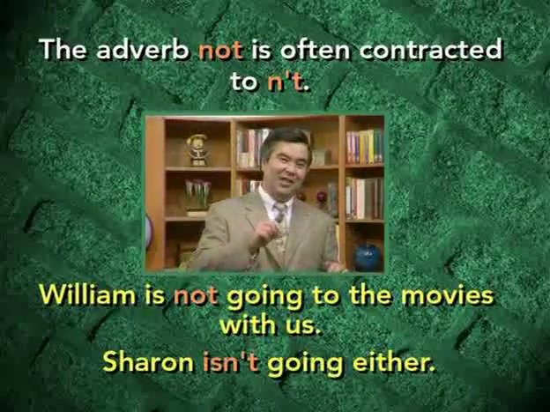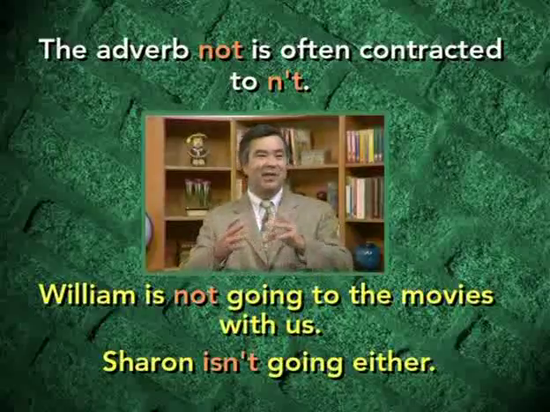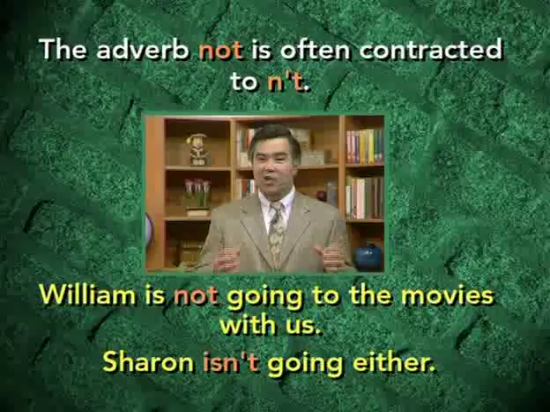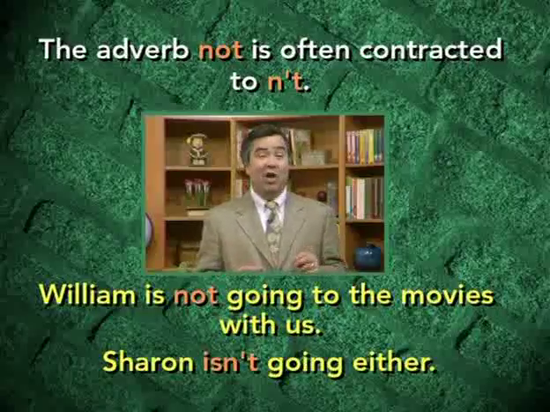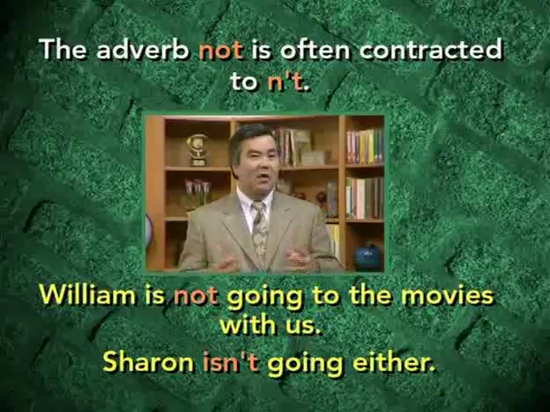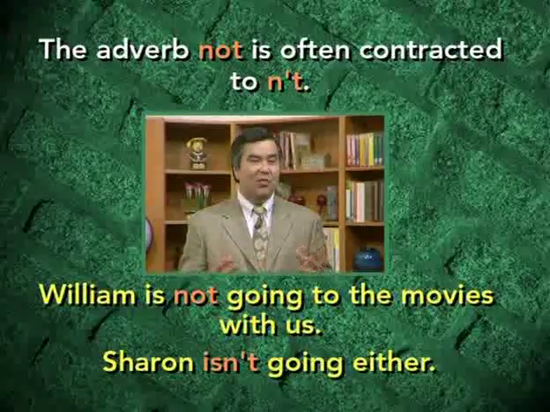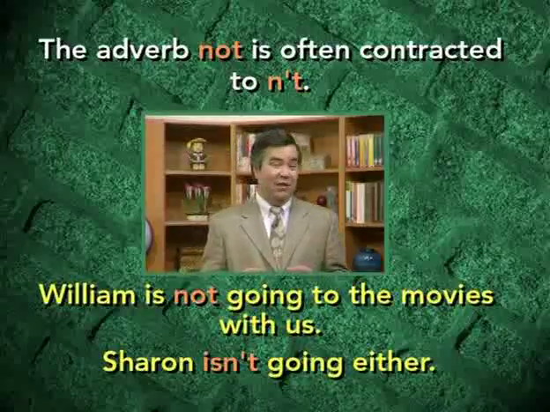And not, the contraction n't, has been stuck in the middle to negate the meaning. This sentence could have read, Sharon is not going either. But most often, for ease of reading, we would contract not to n't and turn it into Sharon isn't going either.